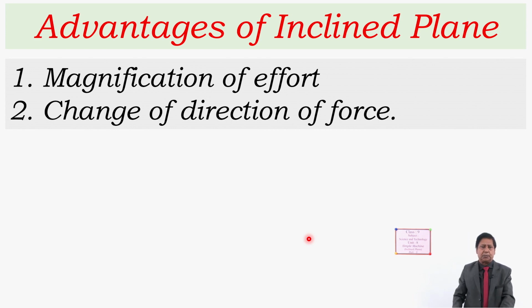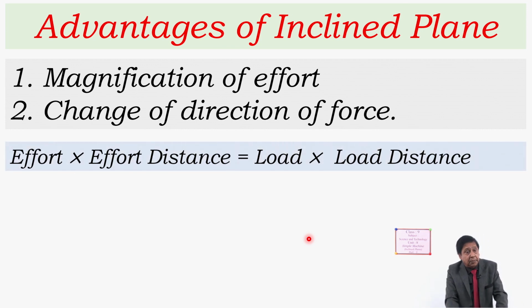Now, how is it possible? Let's go into a little detail. Magnification of effort is possible in simple machine only when effort distance is longer than load distance. It was told in the previous class. Now, according to the principle of simple machine, effort times effort distance is equal to load times load distance if the machine is considered to be frictionless.